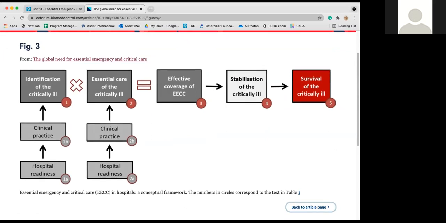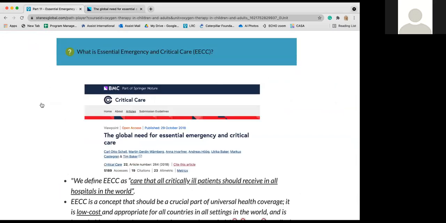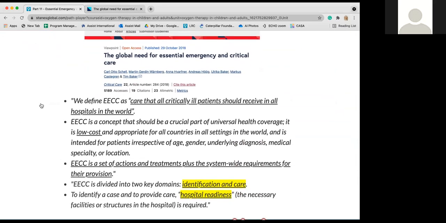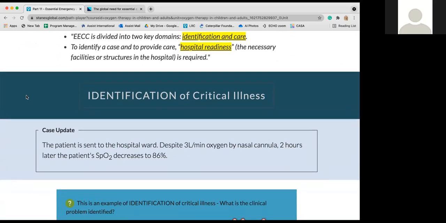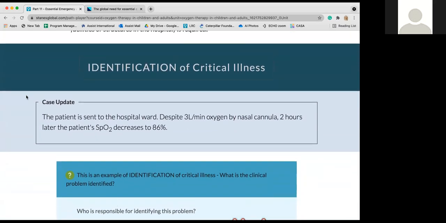So you need to be able to identify the critically ill patient here on the left, and then provide essential care. And that will help us to have effective coverage for essential emergency and critical care. So I think that's a good summary. We can go down to our case.